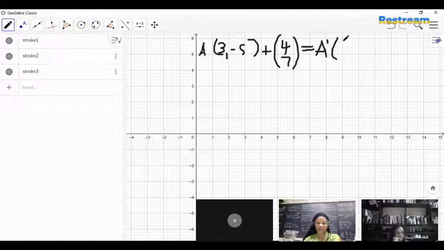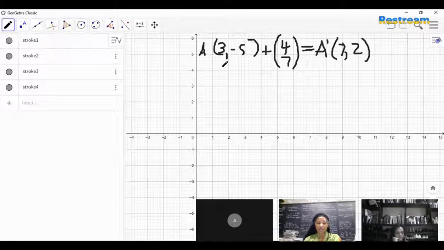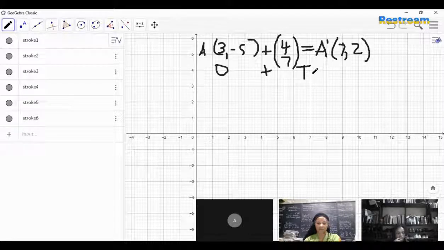So 3 plus 4 is 7, and negative 5 plus 7 is 2. So object plus translation gives image.